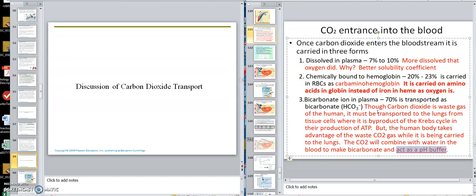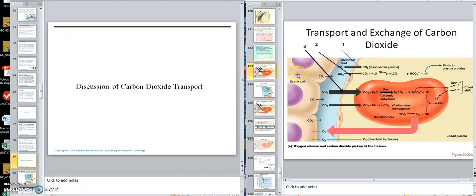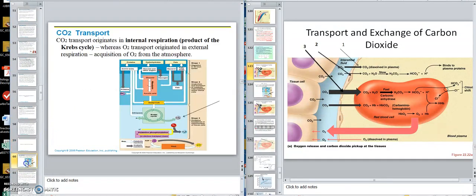All right? Now, so we say then that we have three pockets that this CO2 is in. Some is dissolved in the plasma, some is hooked to proteins, and then some is in the bicarbonate form. Okay, and we'll be looking at that and you'll be studying on that.